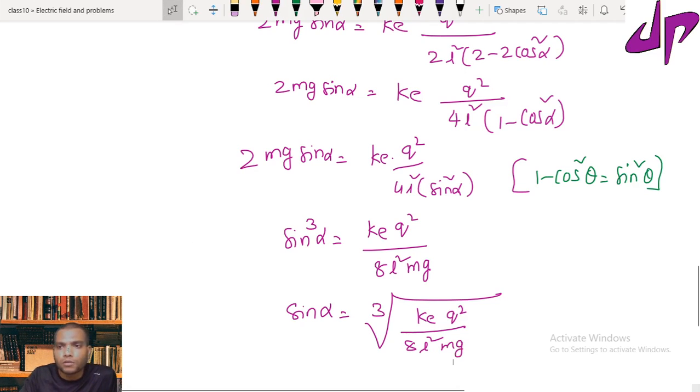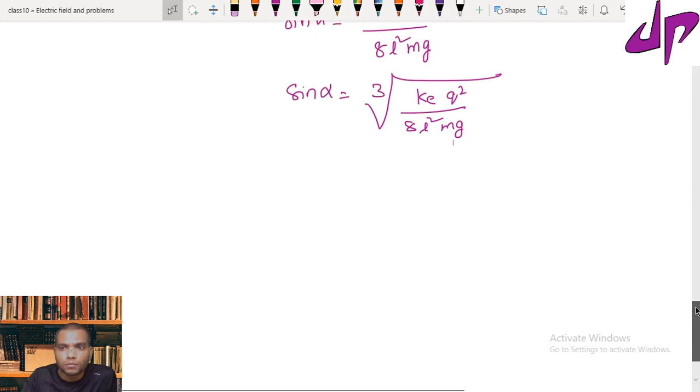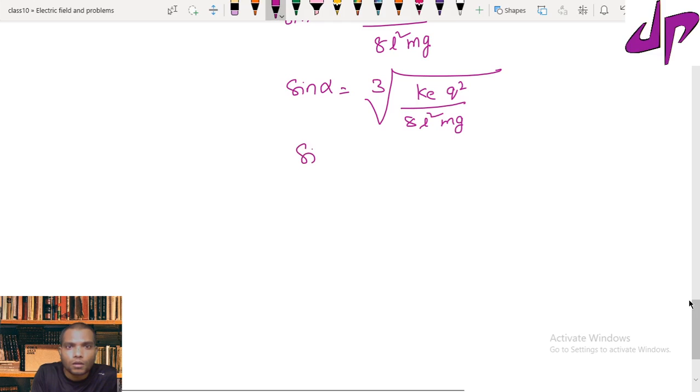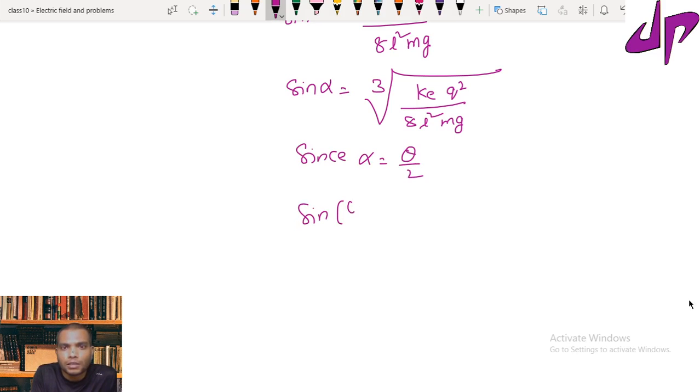Since alpha equal to theta by 2, therefore sin theta by 2 equal to cube root of ke times q square upon 8L square mg.